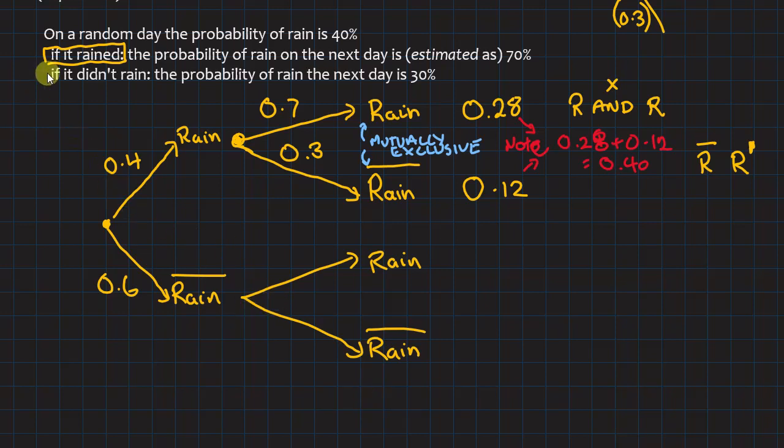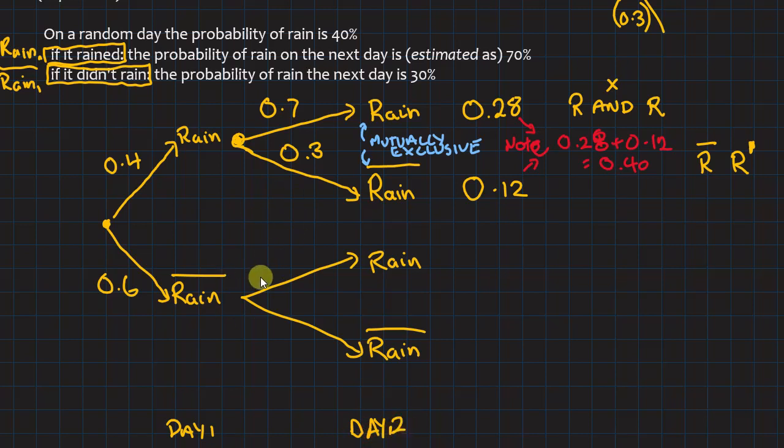We're now looking at the second story. If it didn't rain, so this is rain on day 1, this is not rain on day 1. So this is the first day, this is the second day. Day 1, day 2.